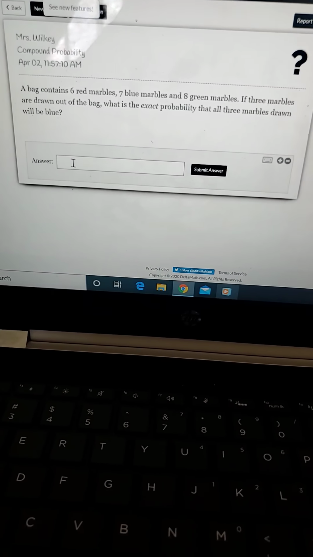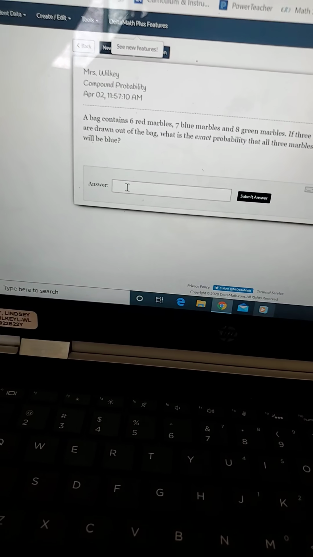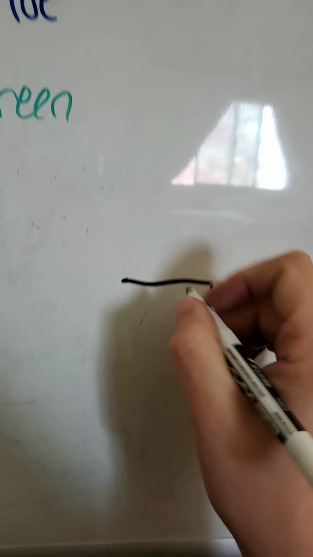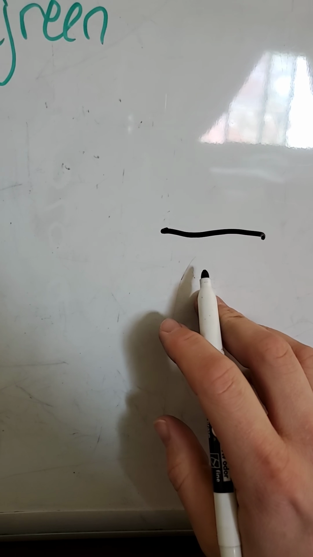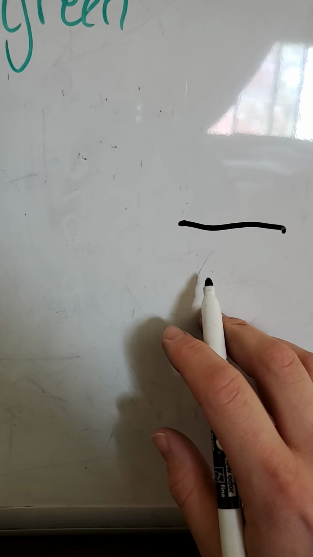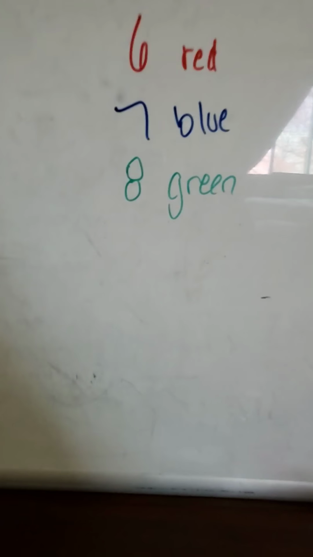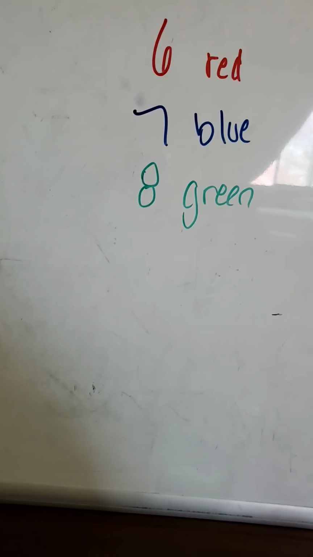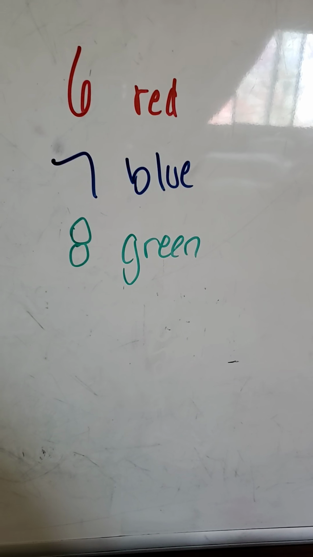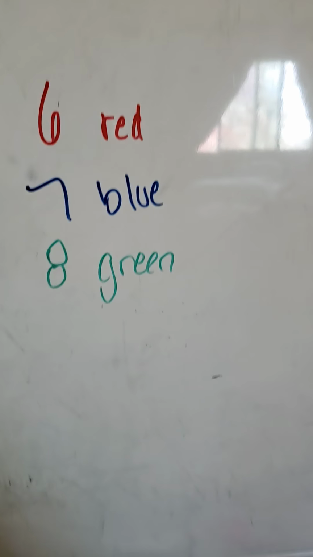All right, but first of all, in order to make our fraction, our probability, we need a denominator. And the denominator means all of the possible outcomes, right? And, well, we'll do that in a second. But that's what should go in our denominator. Okay, so there's 6 red, 7 blue, 8 green. All right, and it says, what's the probability that all 3 marbles drawn will be blue?